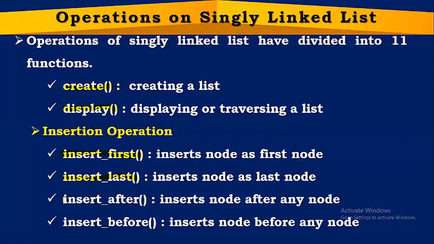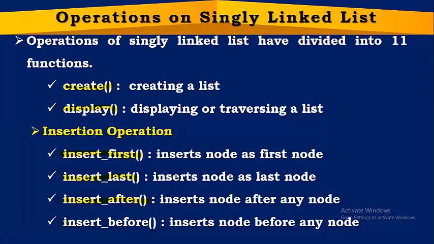Next, insert_after. When you call the insert_after function, it is going to prompt you to enter after which node you want to insert. Then you have to mention the node's value. Then it searches for a node with that particular value and a new node is inserted after that node.